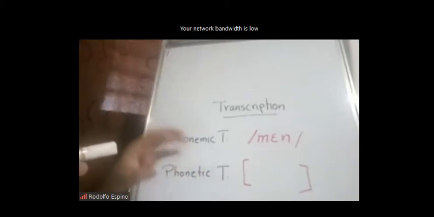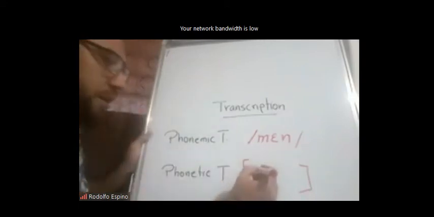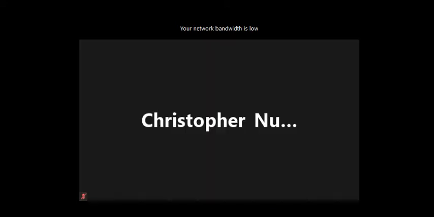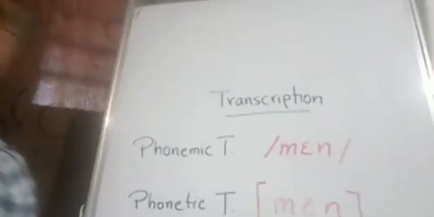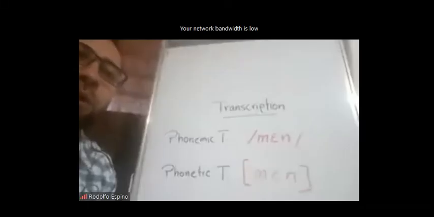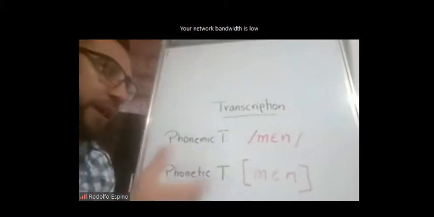The difference is obviously you will be transcribing the sounds that you hear, so again these three sounds, men. However, when you put the square brackets, immediately you need to go a little farther, deeper into the transcription.